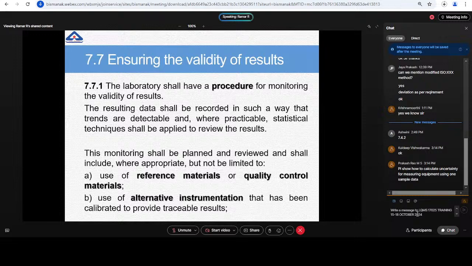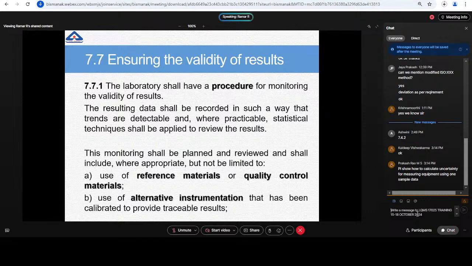In the laboratory, normally you have to divide into two parts. One part is quality control, the other is quality assurance. The technical team, whoever is performing the testing activity, directly involved in the testing activity, is called the quality control team. And whoever is not involved in the testing activity, simply monitoring this activity, is mostly the quality manager or quality assurance team.